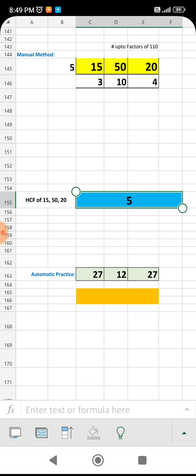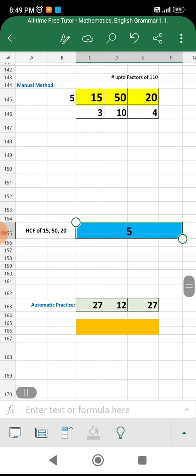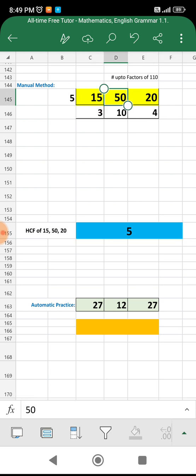Remember, this is very important: in case of calculating the HCF, you have to consider that number by which all the numbers are divisible. Look here. One number has come, 10 and 4 are still divisible by 2, but we cannot consider 2 because 3 is not divisible by 2.